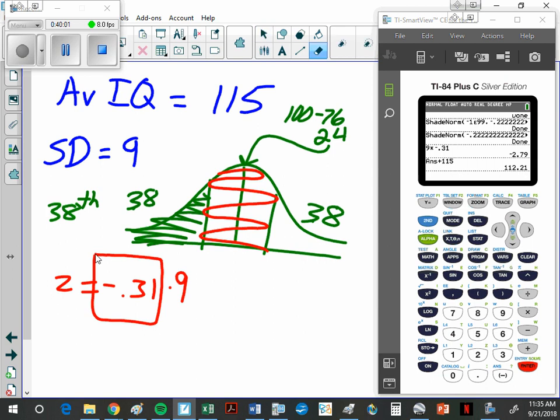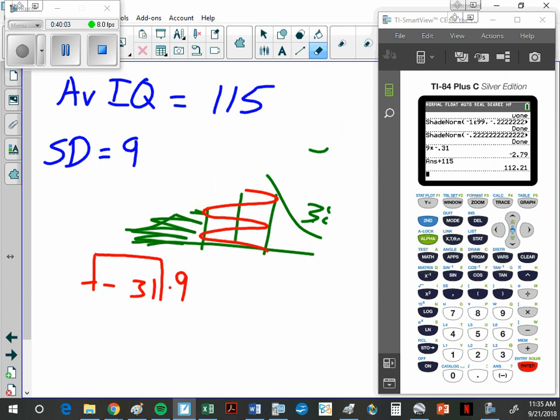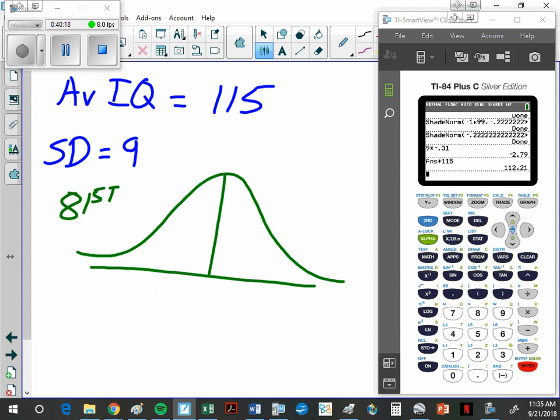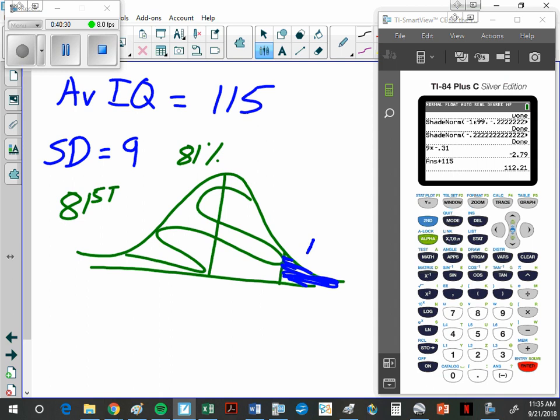Okay, same story. Who is in the 81st percentile? Draw my curve. Where is the 81st percentile? It's on the right. So if this is 81%, then this is 19%.